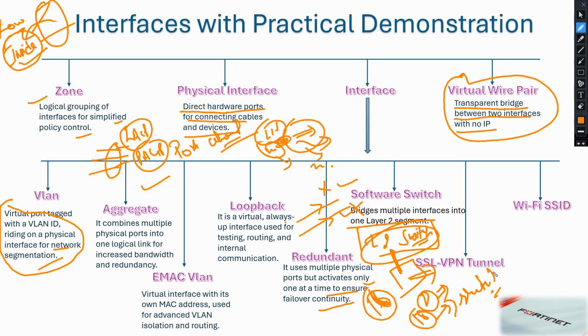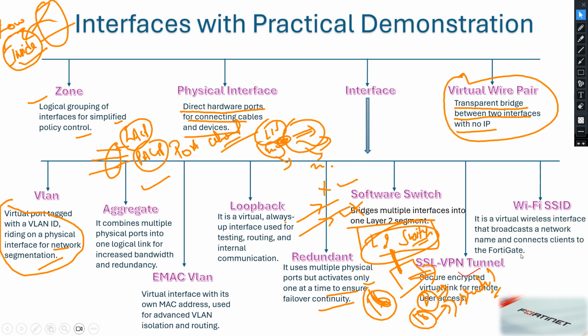Okay, then SSL VPN tunnel. Whenever you create a tunnel, it will create a VPN tunnel interface for you. Then Wi-Fi SSID. It is a virtual wireless interface that broadcasts a network name and connects clients to the FortiGate.